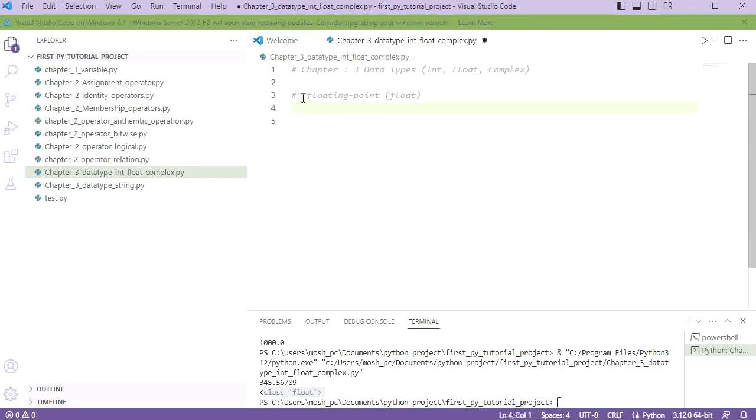Now we will use the float function, to convert a string or integer to float.